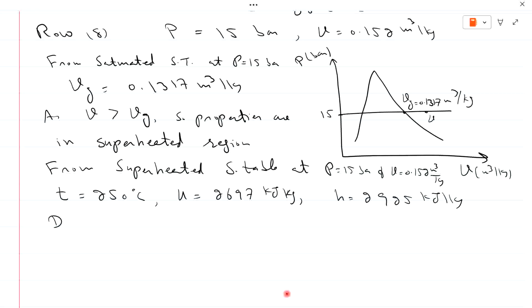Degree of superheat is equal to superheated temperature minus saturation temperature. Superheated temperature is 250 degrees centigrade and saturated temperature is given in both tables, saturated steam table and superheated steam table, which is equal to 198.3. So degree of superheat is equal to 51.7 degrees centigrade.